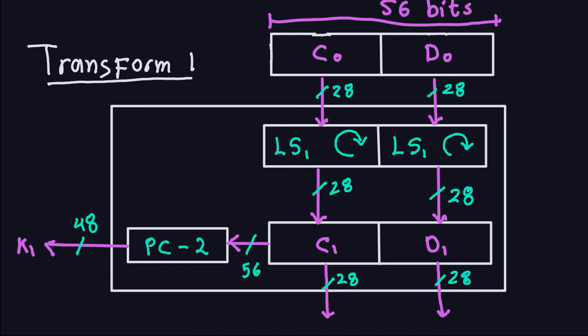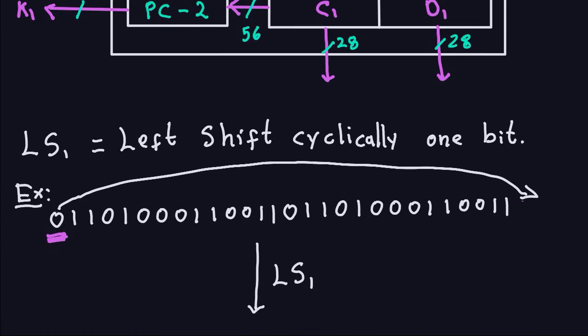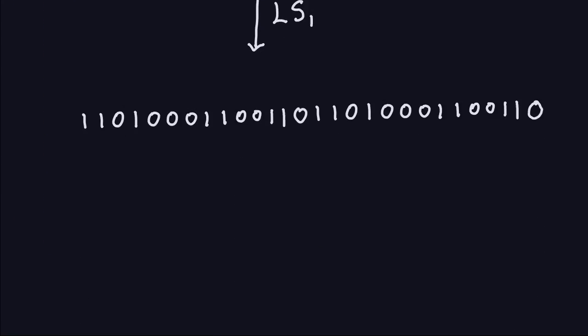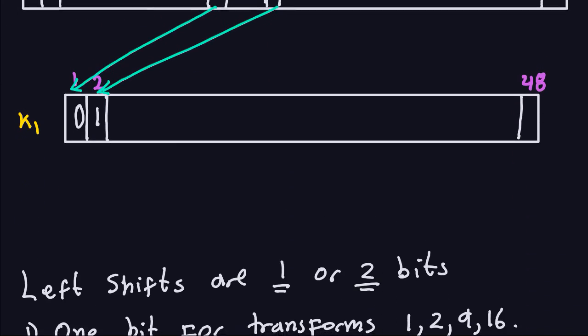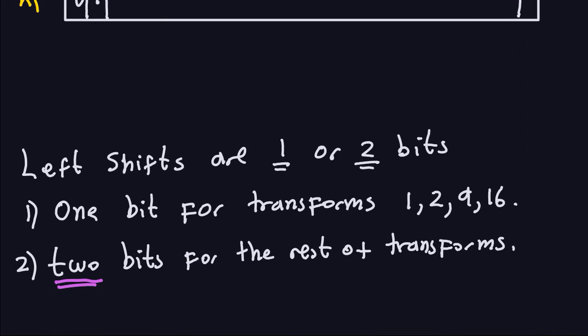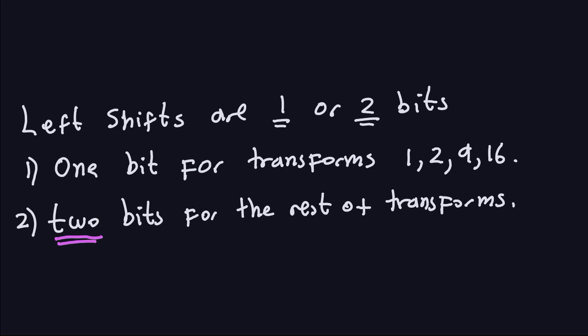Transform 1 is going to do the 1 bit shift. Let me scroll all the way down again and emphasize that. Let me be very specific on which ones are 1 bit and which ones are 2 bits. Left shifts are 1 or 2 bits for all the transforms, and it depends on the transform. 1 bit is for transforms 1, 2, 9, and 16.